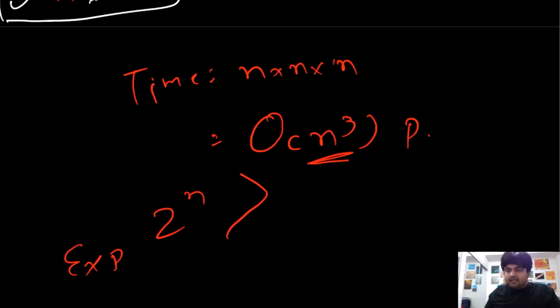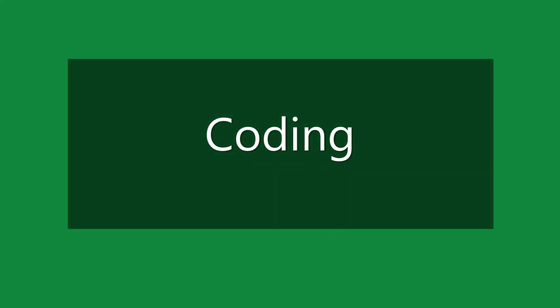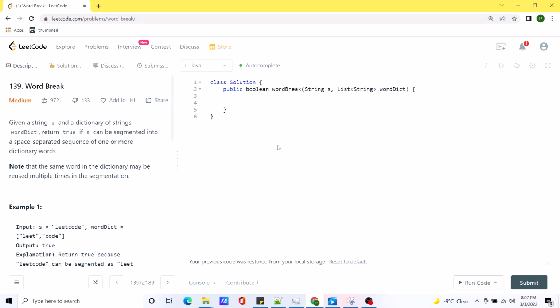So let's code up the solution. Okay, let's create a boolean array to store our cache, and we'll name it as dp. We'll assign its length to s.length plus 1, and we know the base case where dp of 0 would always be true.